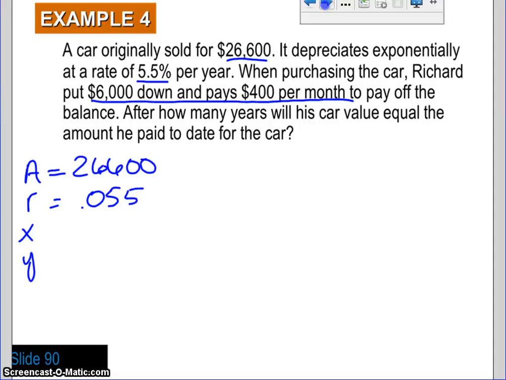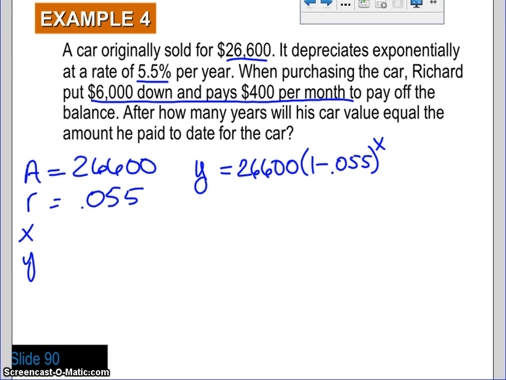So what we're going to have to do for this is plot and graph both of these. So we need to find our equations, and we will plot them. So the first one that we know is y equals 26,600 times 1 minus 0.055 to the x power.